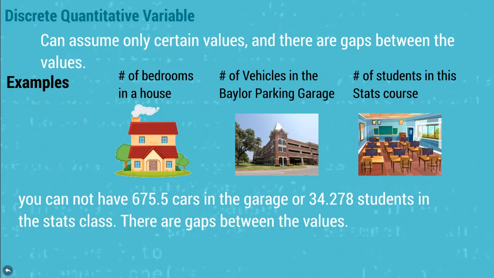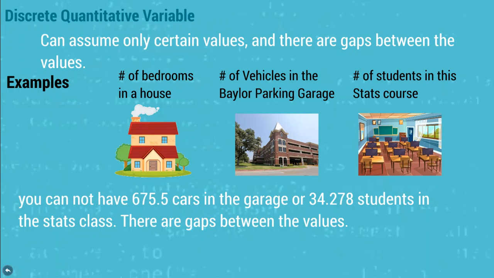For example, number of bedrooms in a house. You can only have a whole number of bedrooms in a house, or the number of vehicles in a Baylor parking garage. There might be 675 cars in that garage, but you can't have 675.5 or 675.44 vehicles in that garage. It has to be a whole number, which is that meaningful gap.